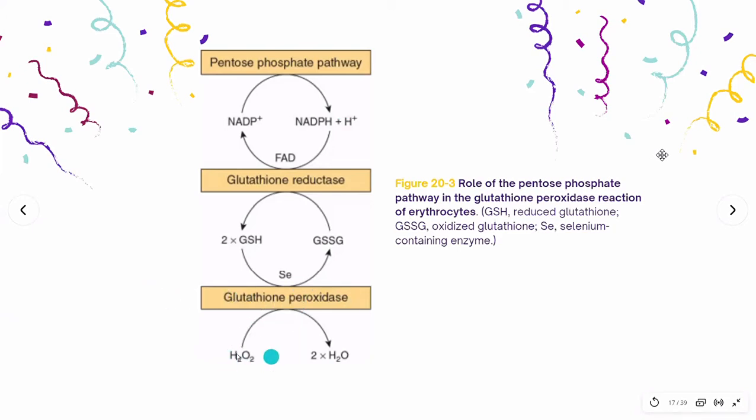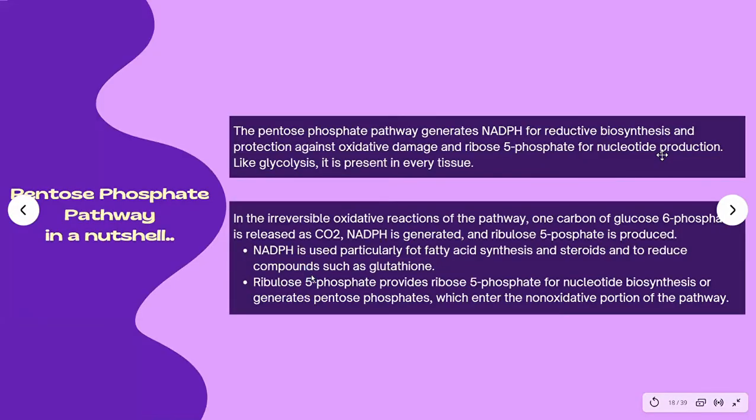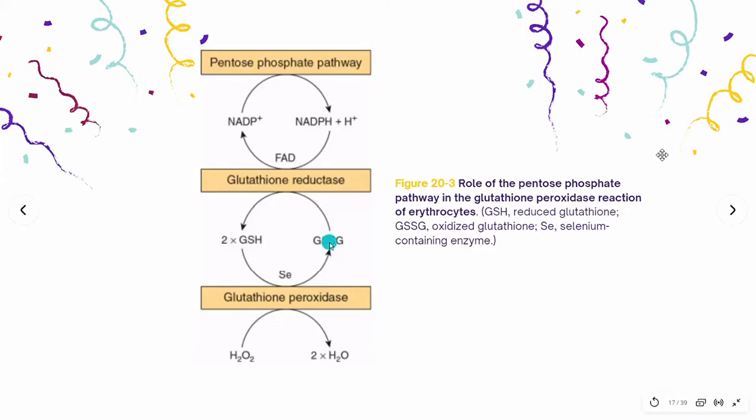If you look at this, hydrogen peroxide, and then you form reduced glutathione, and that reduced glutathione becomes oxidized glutathione.